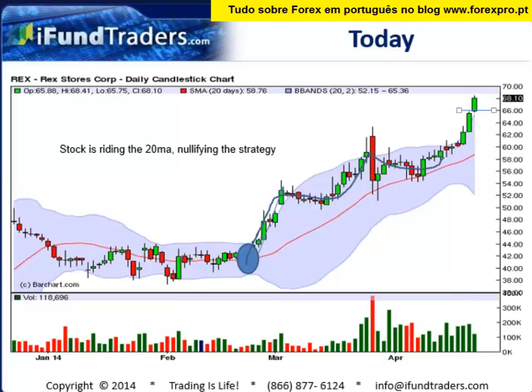You want the move that produced the bands to not come from very narrow bands. Go back to the original point where the bands were really narrow when this move began. That's not what you want.